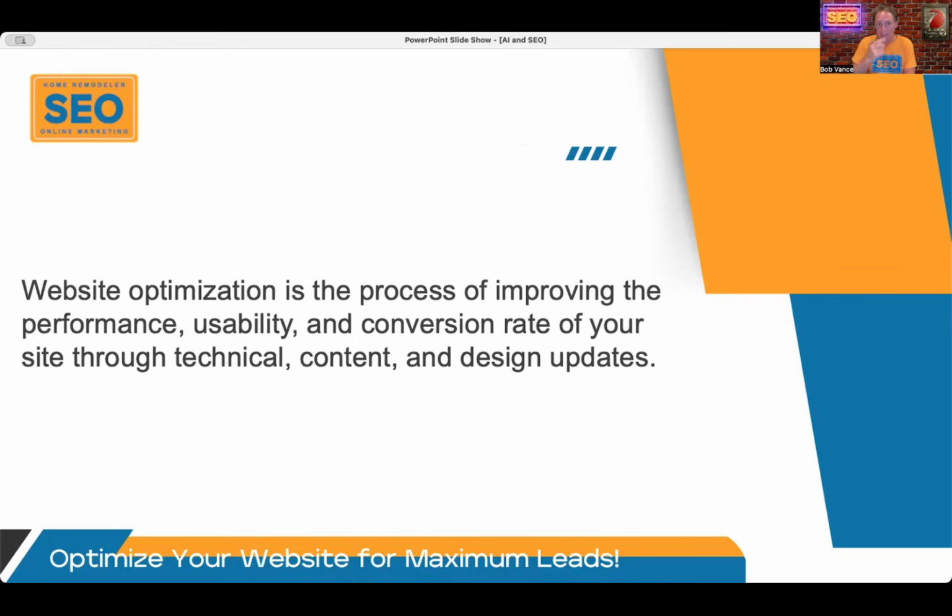We all kind of know the definition: website optimization is the process of improving the performance and the usability and conversion rate of your site through technical issues and strategies, through your content, and also through design updates. With Google's AI-driven ranking systems, those zero-click search trends that we're seeing, where the AI snippets are at the top of Google right now, instead of any websites or the Google Maps or even ads.